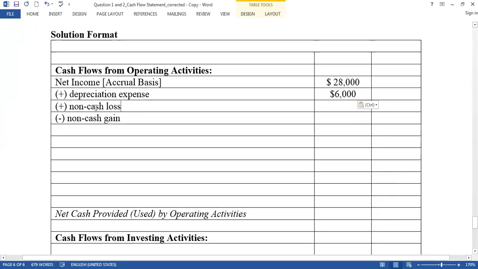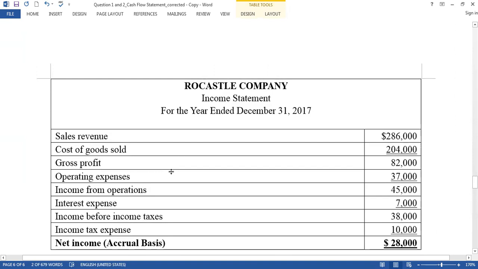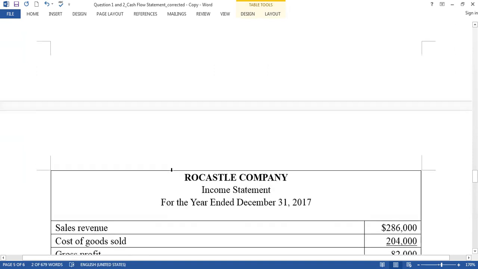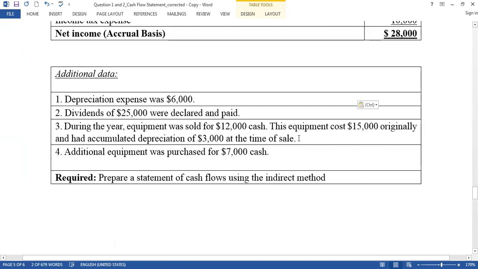Now we have to find out whether we have any non-cash loss or any non-cash gain. So read the question. From here we have to calculate whether we have any non-cash gain or non-cash loss.